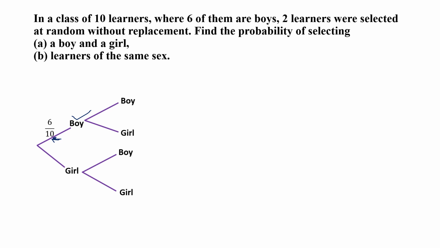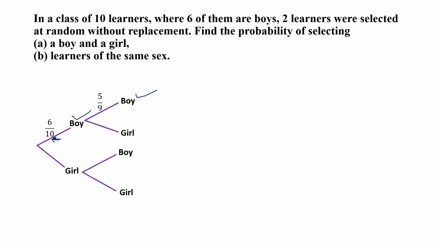On the other hand, suppose we start with a boy, the probability of picking another boy, remember this is without replacement, so the probability of picking another boy is the total number of boys remaining in the class over the overall number of learners remaining in the class.